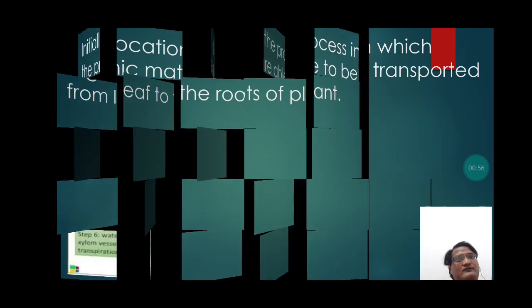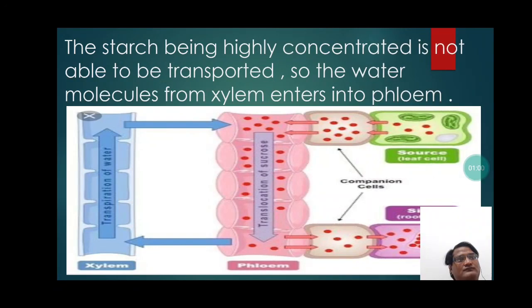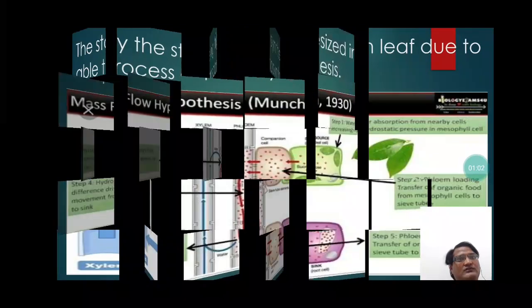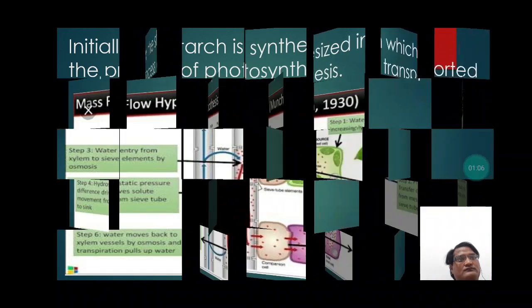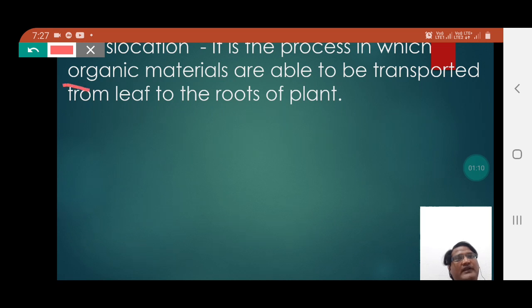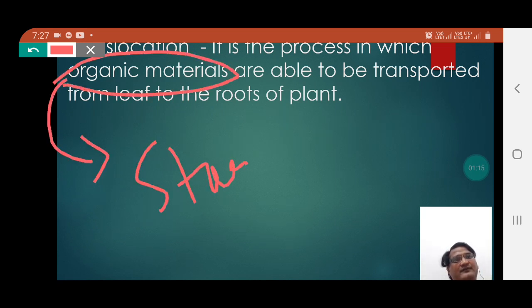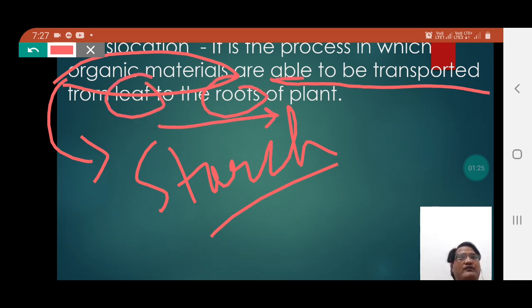So students, translocation actually is the process in which the organic materials, so students, here the organic materials represents starch, which are able to be transported from leaf to the roots of the plant.